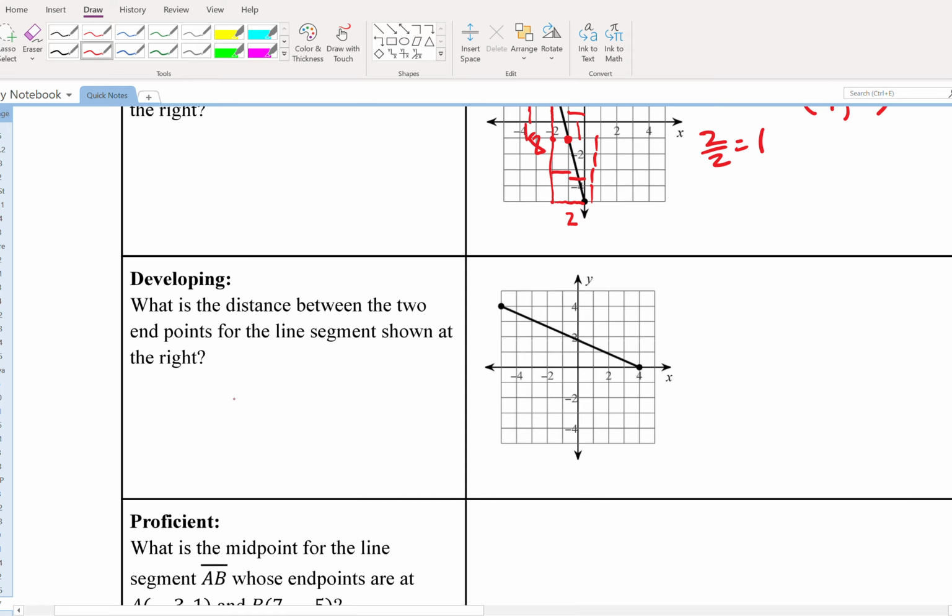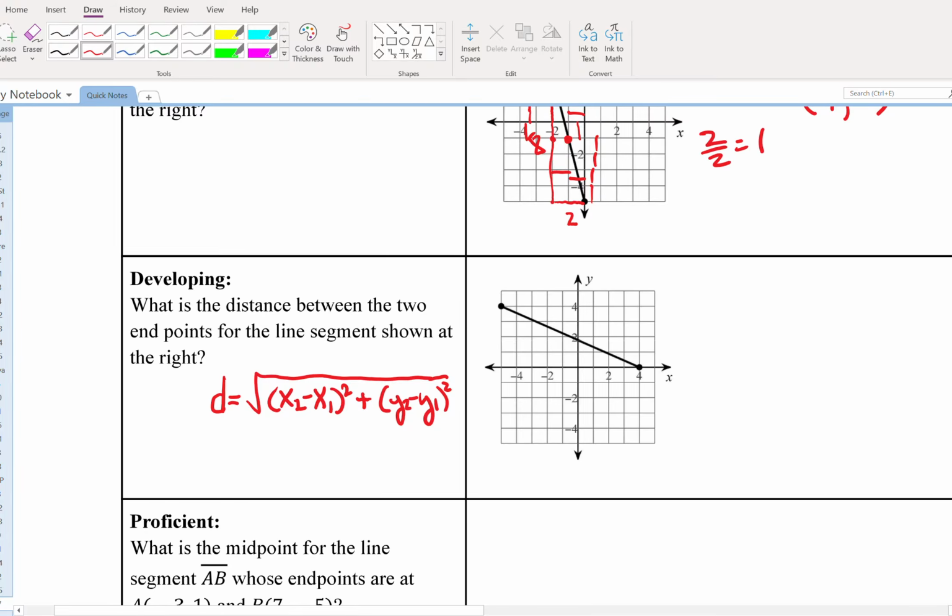So the distance formula is D equals the square root of x sub 2 minus x sub 1 squared plus y sub 2 minus y sub 1 squared.